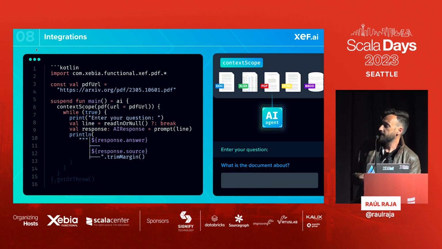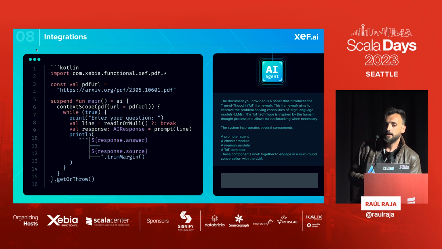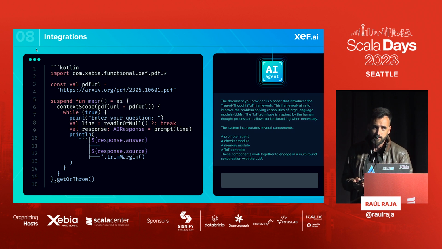Then we ask for an AI response from the input, which is actually a custom model we have. And then we can print out whatever the LLM returns given that context we provided, which is the PDF. So those lines of code that I show you on the left are basically what it takes for you to chat with PDFs or any other content that can be ingested as text.